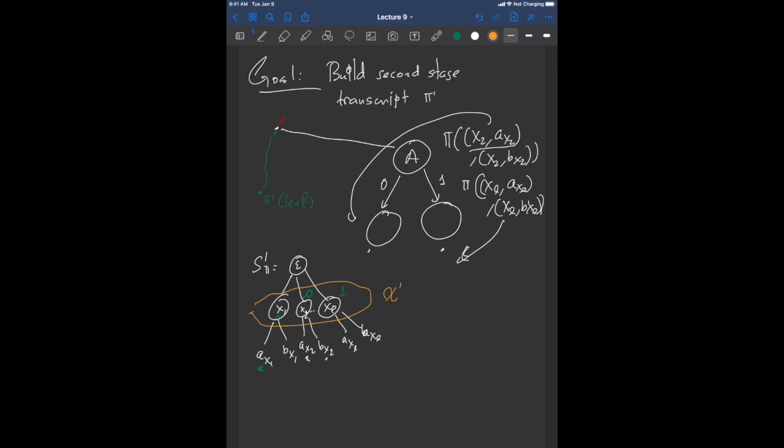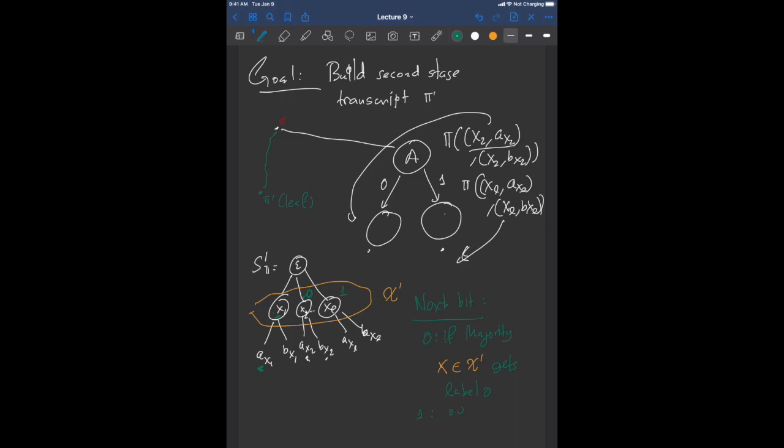Should we go to 0 or should we go to 1? Let's say the majority of the x's are labeled 0. Where do you think we should go? We should go to 0. So the next bit is going to be 0 if the majority of x in x dash gets labeled 0, and 1 otherwise.